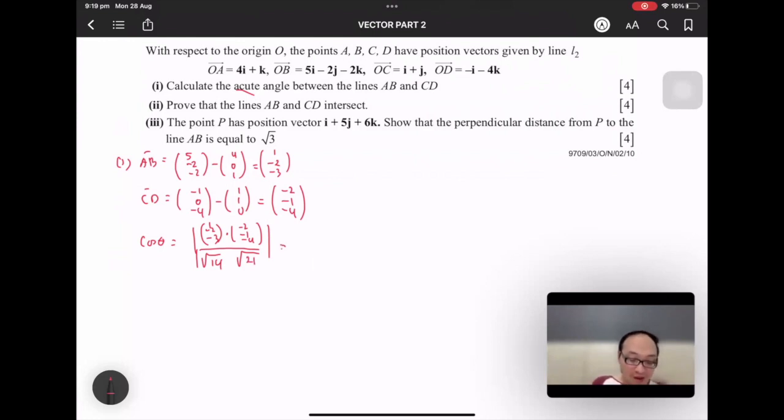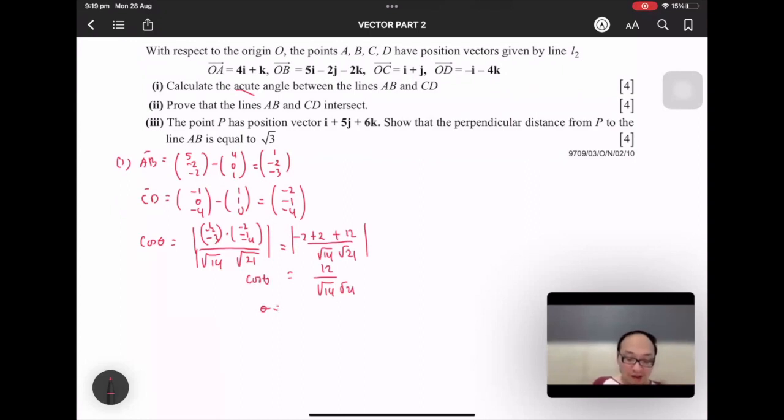So this will be equal to -2 plus 2 plus 12 over root 14 root 21. So this will be equal to 12 over root 14 root 21. So this is cos theta.